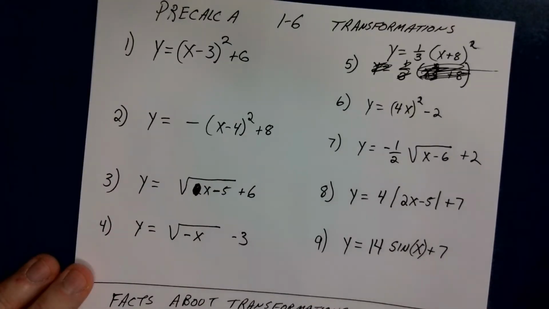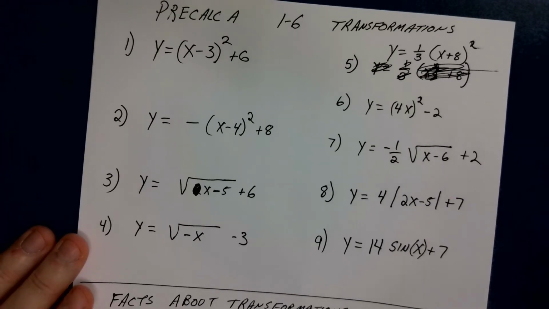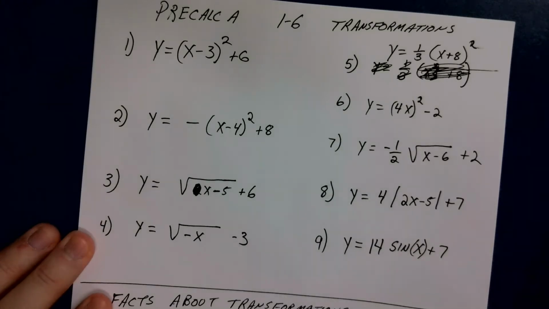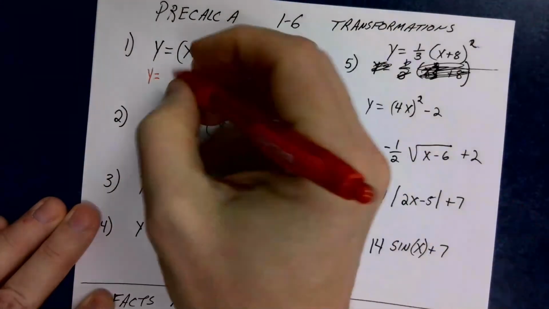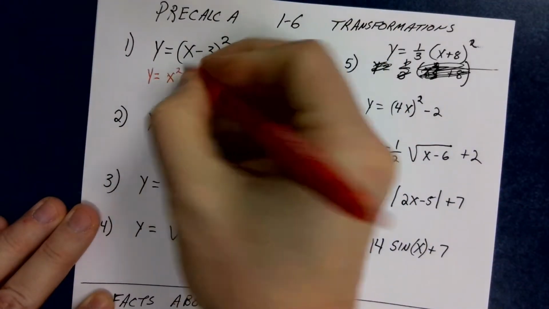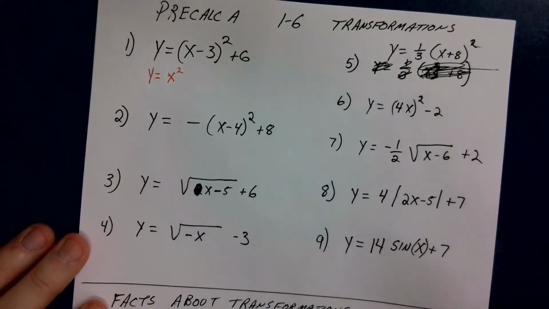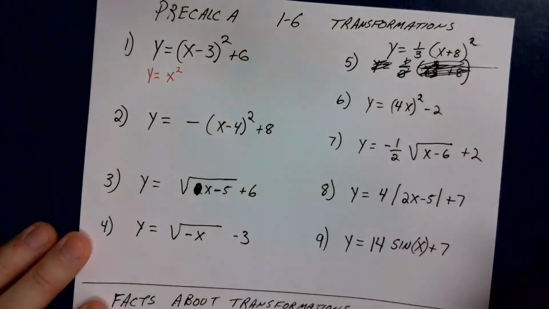When we talk about these ones, we want to talk specifically about first, what's its root function, or what we'll call its parent function. So this one, its root function would be y equals x squared. And remember, you can pause the video and copy down any of these things that you want. So y equals x squared. And then there's a bunch of things that are transforming it.